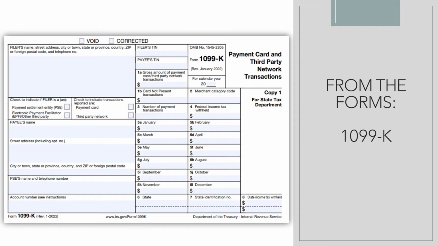For individuals who have transactions that exceeded $20,000 and 200 transactions, then that third-party network, which could be a rideshare, it could be somebody else who received those payments and then forwarded the self-employed individual's portion to that person, will also be issuing this 1099-K to our taxpayers.